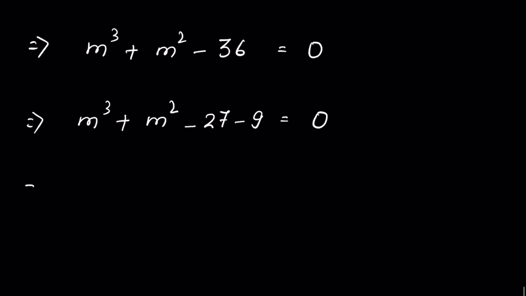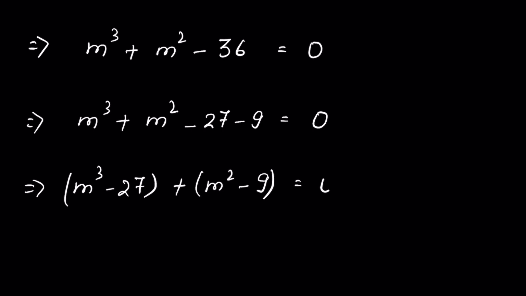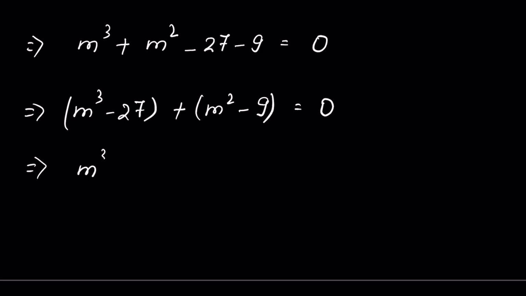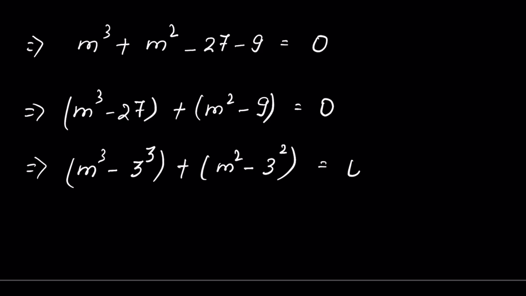Now let's rearrange it: m cube minus 27 plus m square minus 9 is equal to 0. Minus 27 we can write as 3 cube, and m square minus 9 we can write as m square minus 3 square, is equal to 0.